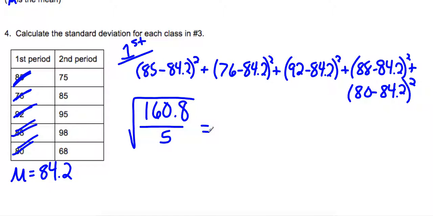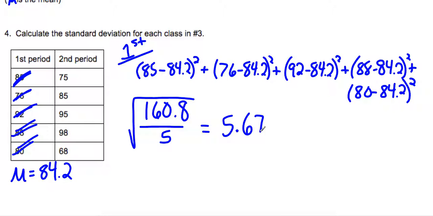Okay, so when we take 160.8 divided by 5, take the square root of it, you end up with 5.67. Okay, so what this is telling you is our mean is 84.2. That's our average. And then on average, our data points are about 5.67 away from that.